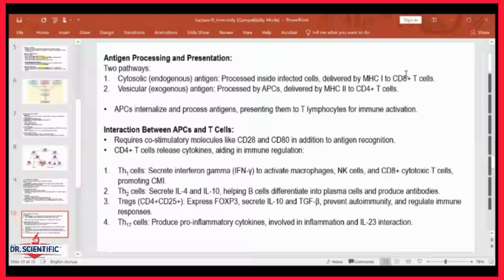While if it is extracellular, then the antigen presentation will be done via major histocompatibility complex 2 to CD4 T cells. Okay, that is what happens. Antigen presentation, as we've seen, is done by either dendritic cells, macrophages, or B cells.